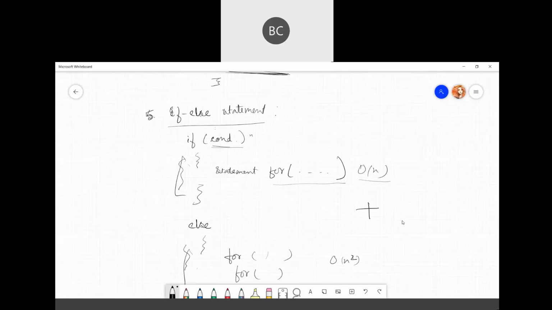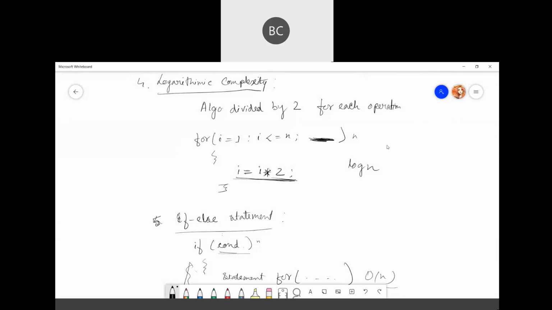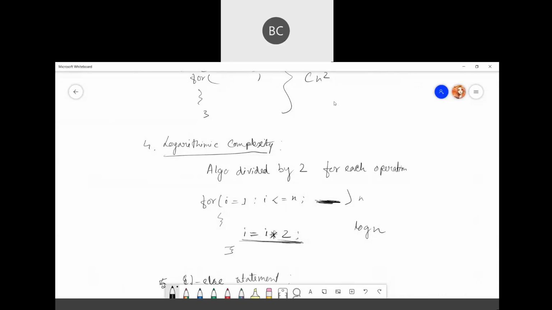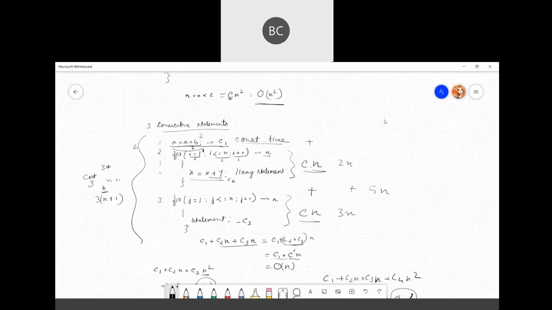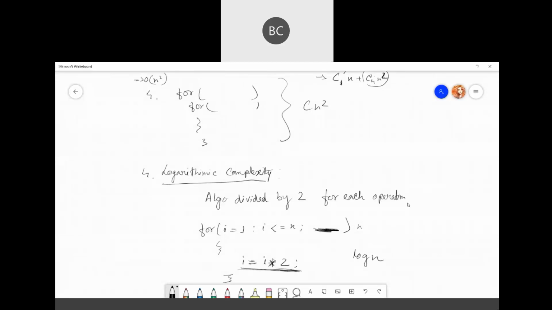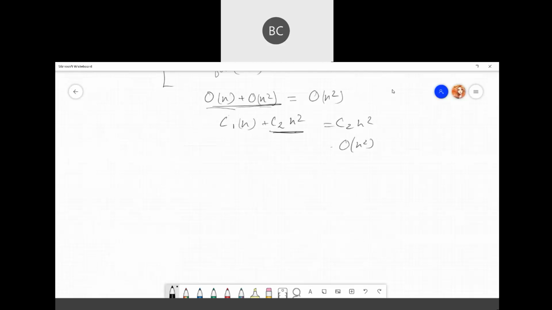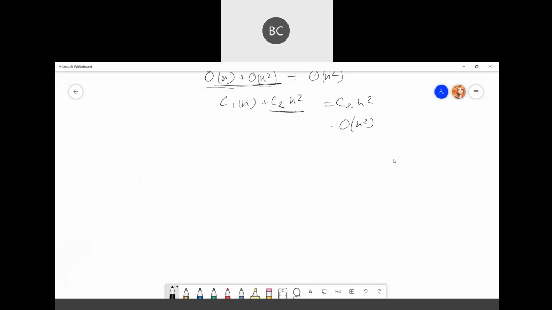Mainly in most of the programs we use for loops, if else statements, consecutive lines, nested for loops and all. Now, which one is better? If some algorithm takes constant time, or O(1), then this is always the best one. Any algorithm which takes constant time is the best, or you can say the fastest.